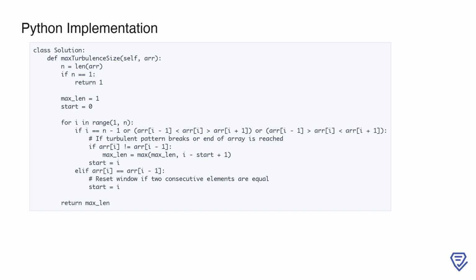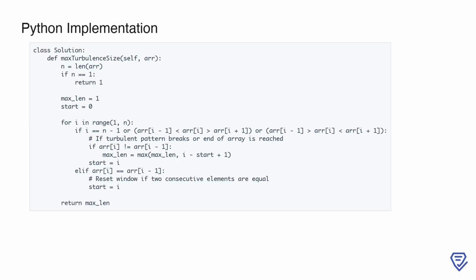This solution uses a sliding window approach to efficiently compute the longest turbulent subarray in the given array arr. The algorithm iterates through the array while maintaining the starting index of the current turbulent subarray. As it progresses, it checks for the turbulent conditions, arr[i-1] < arr[i] > arr[i+1], or arr[i-1] > arr[i] < arr[i+1].